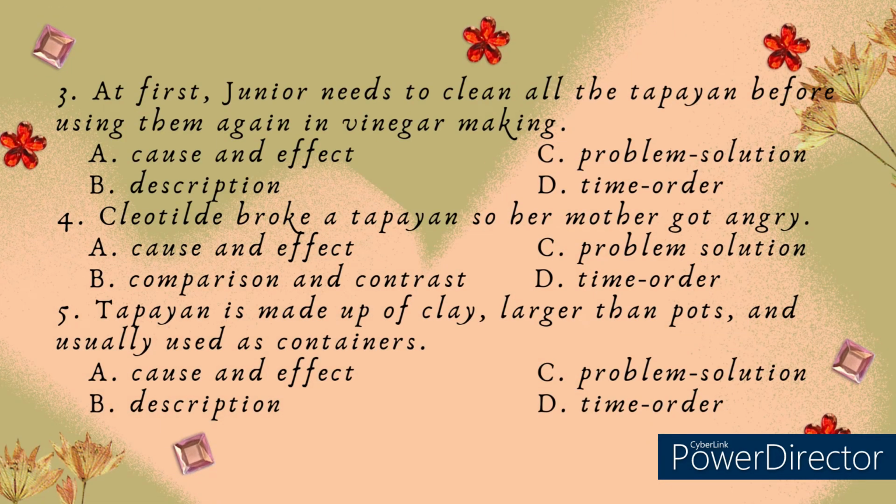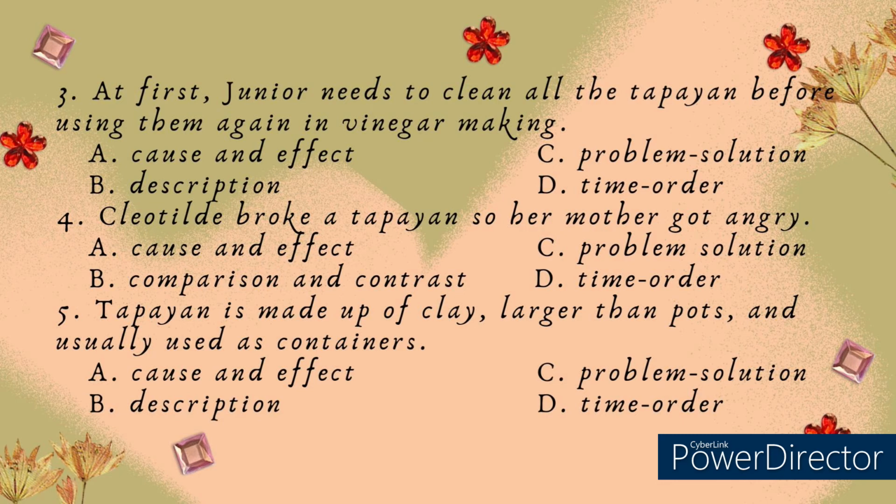Number 3. At first, Junior needs to clean all the tapayan before using them again in vinegar making. A. Cause and effect. B. Description. C. Problem solution. D. Time order. Number 4. Clotilde broke a tapayan, so her mother got angry. A. Cause and effect.